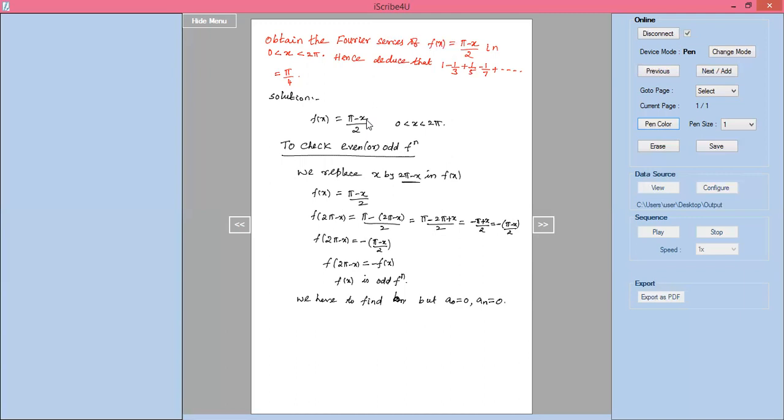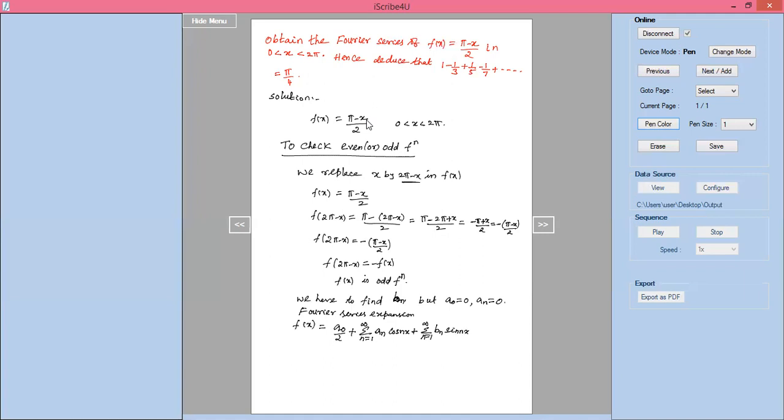Now first I will write f of x equal to the Fourier series expansion: f of x equals a naught by 2 plus summation of n equal to 1 to infinity a n cos nx plus summation of n equal to 1 to infinity b n sin nx.